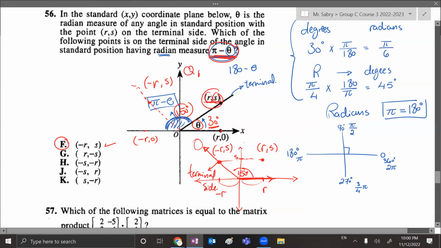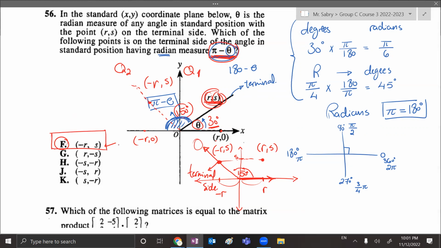So this is what we call quadrant 1, and this is what we call quadrant 2. We know that the point R and S is in quadrant 1. So which point could be definitely in quadrant 2? The one that has the negative R and a positive S. That's definitely in quadrant 2 with no doubt about it. Okay, so it's another way of looking at it.